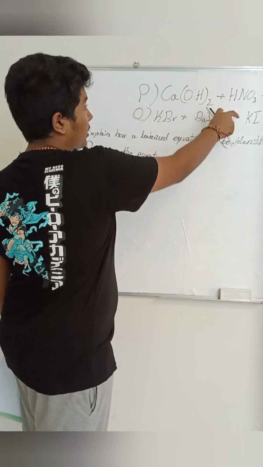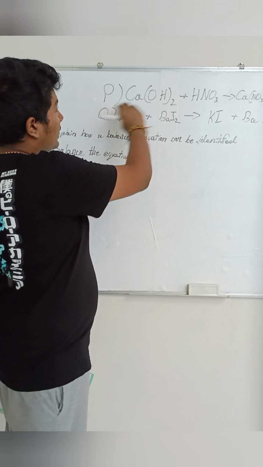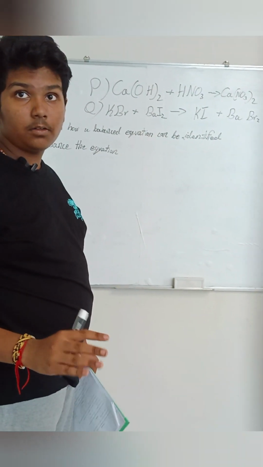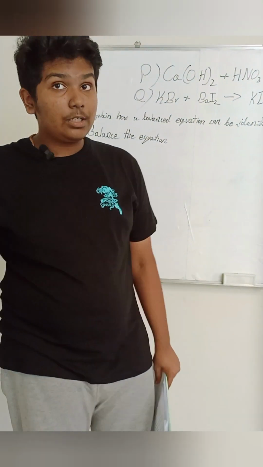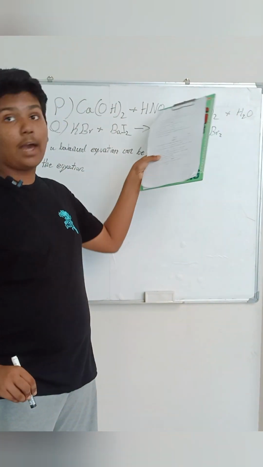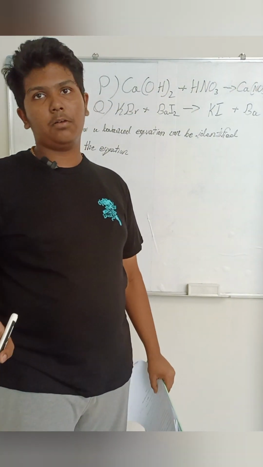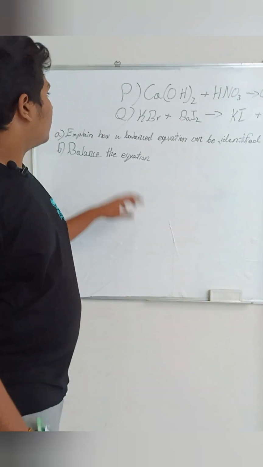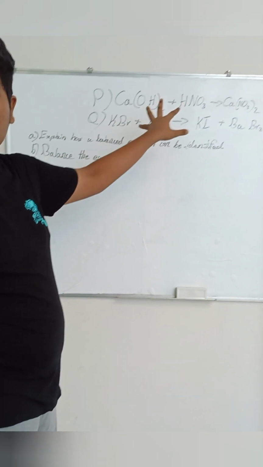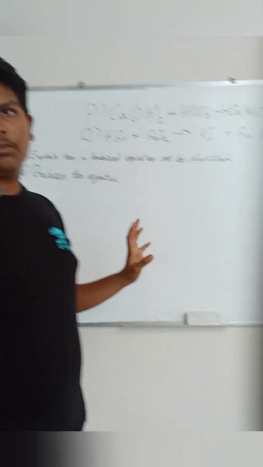The left hand side, the reactants, their total atoms are equal to the total number of atoms present in the right hand side, the products. So tell me, are these two equations balanced? No, right?